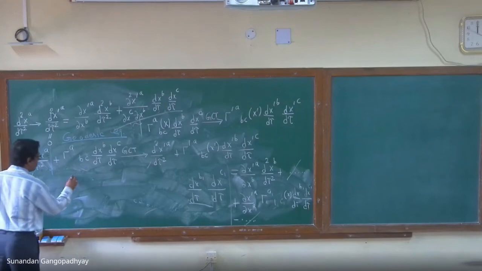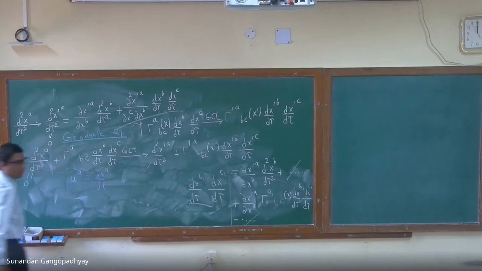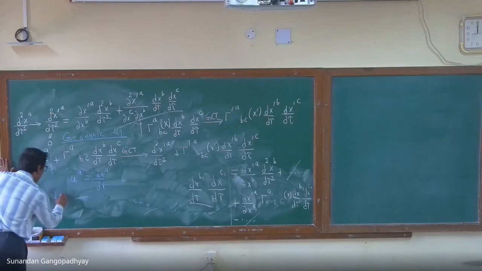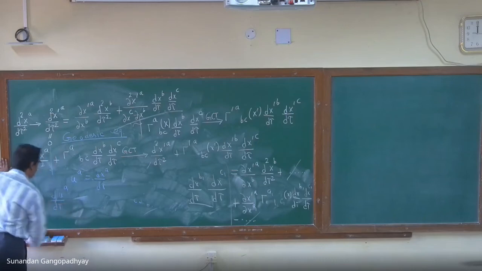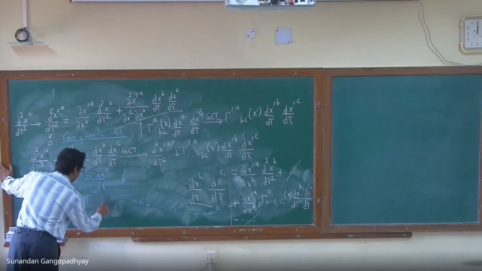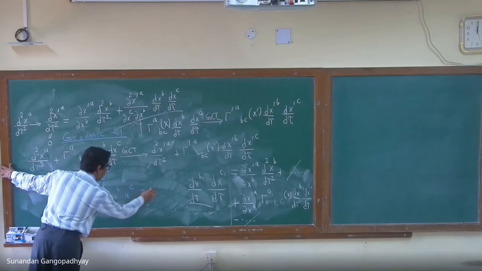We have introduced the following, dx and d tau. So you can write this equation like this: d squared x^a by d tau squared plus gamma^a_bc dx^b by d tau dx^c by d tau equals 0.